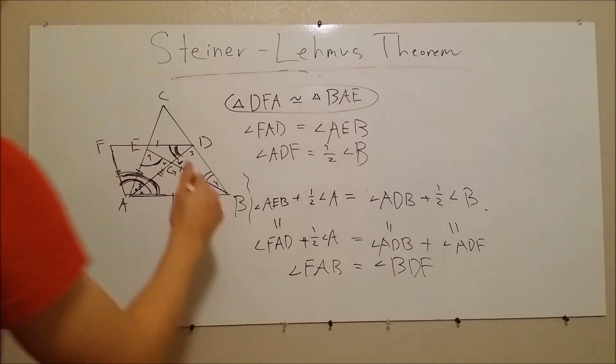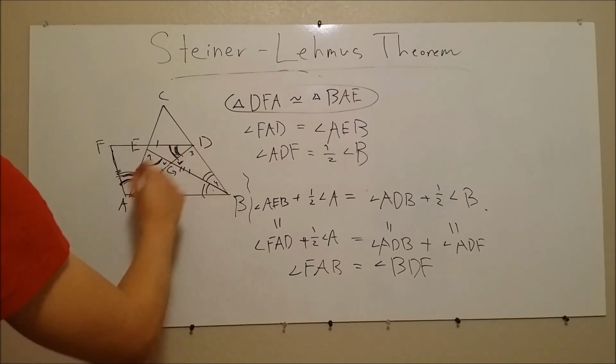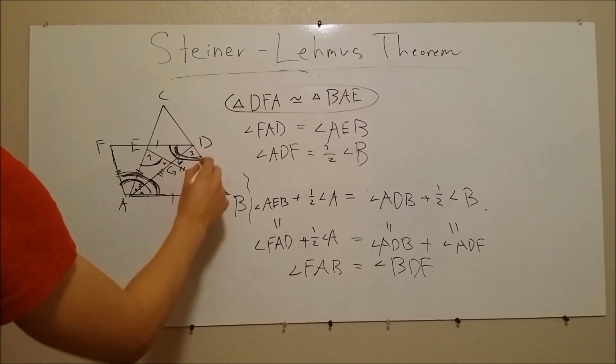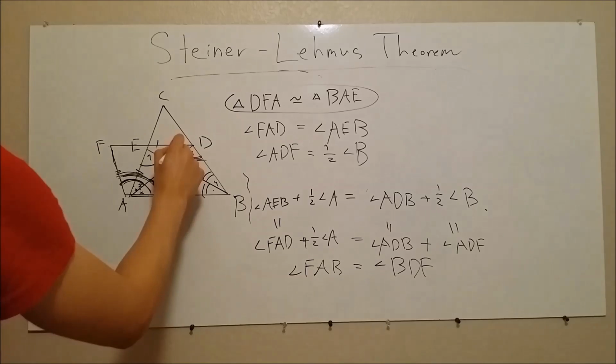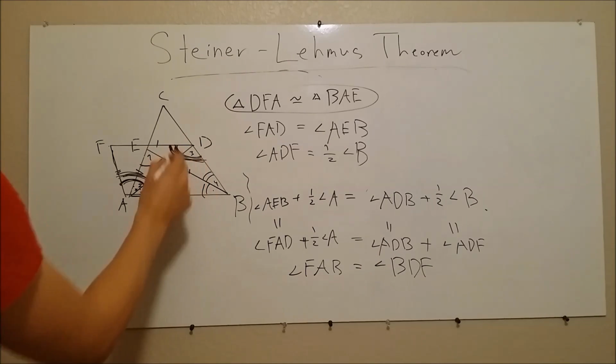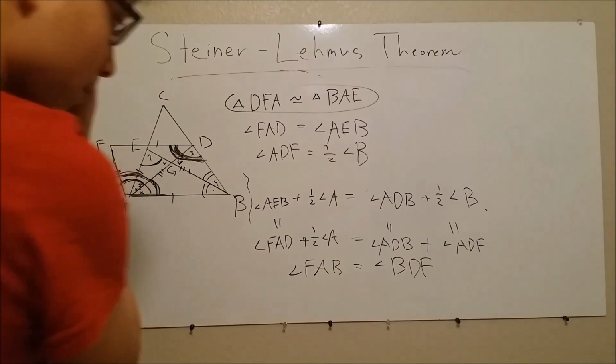And same thing here. We have ADB right here, and we have ADF right here. You can easily see they consolidate into one big angle BDF.